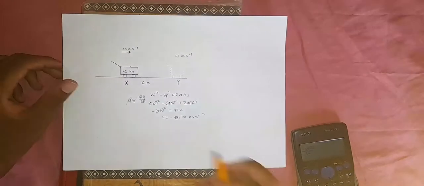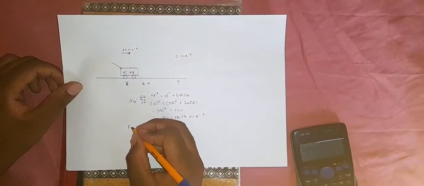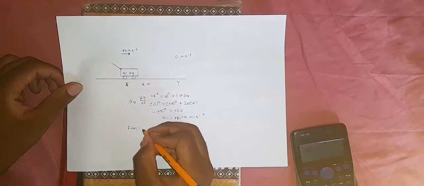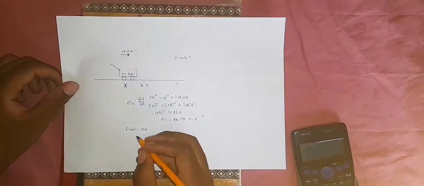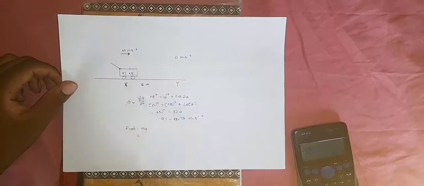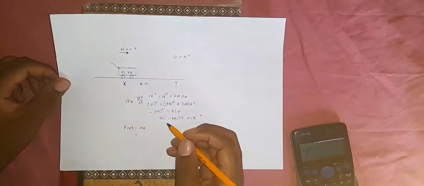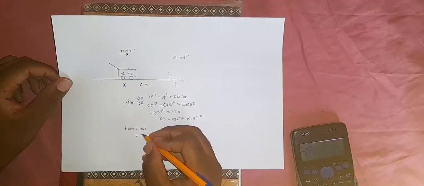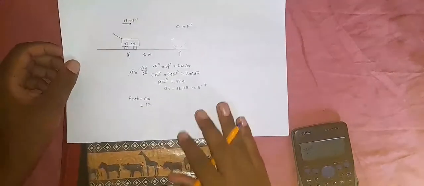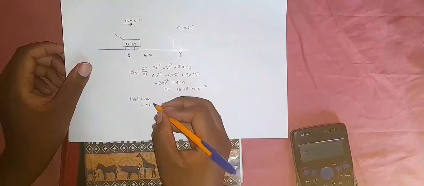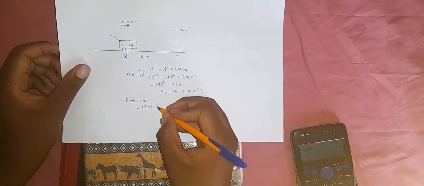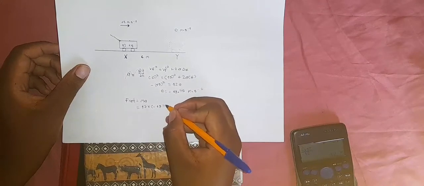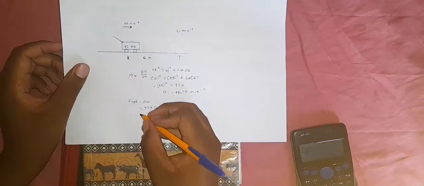So we will say F net equals m a. We know the mass of this trolley is 12 kilograms, so we'll say 12 times negative 18.75.